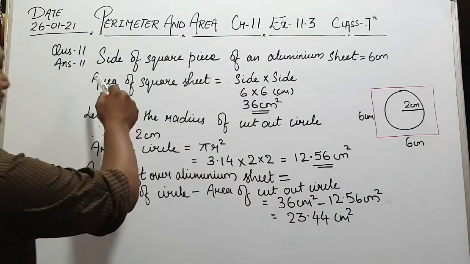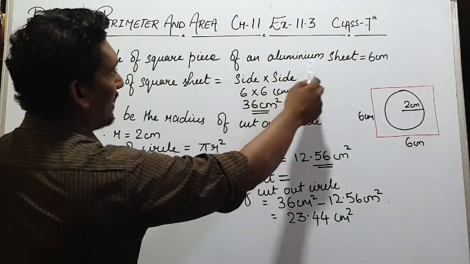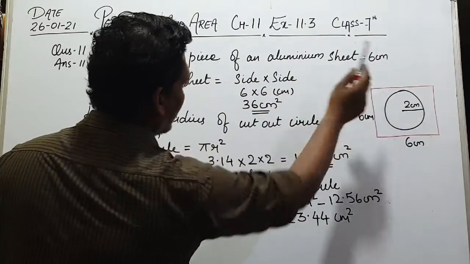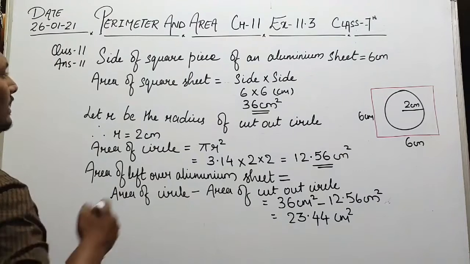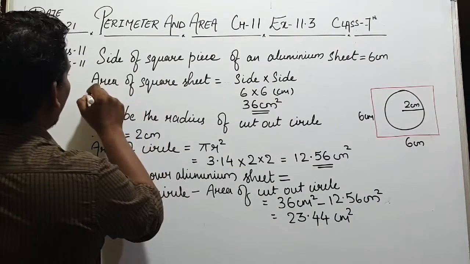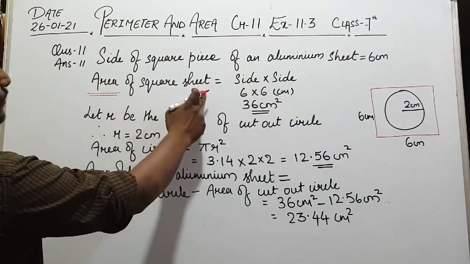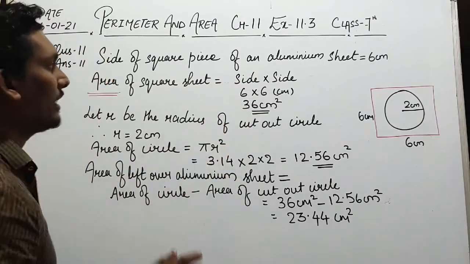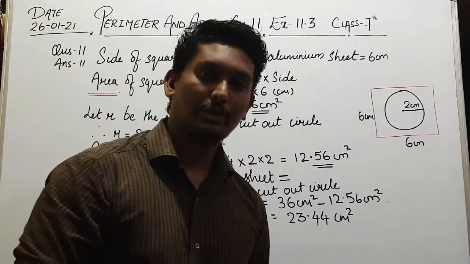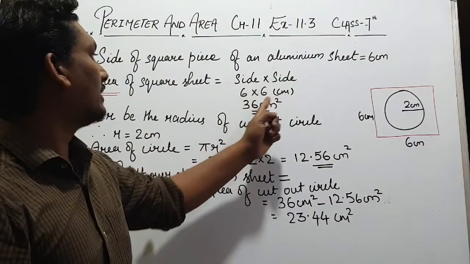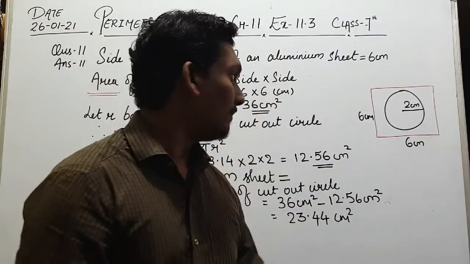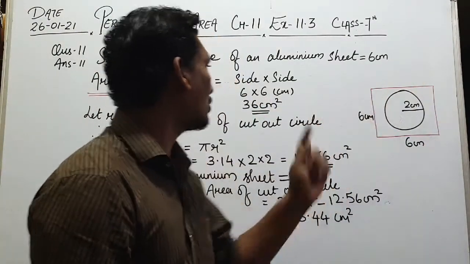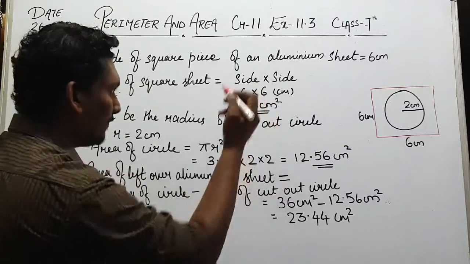The side of the square piece of aluminium sheet is given as 6 cm, so the area of the square sheet is side into side. You can write s into s also. So 6 into 6, that is 36 cm square. So first we got the area of the square, that is 36 cm square.